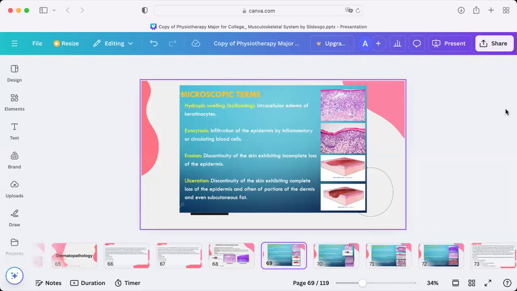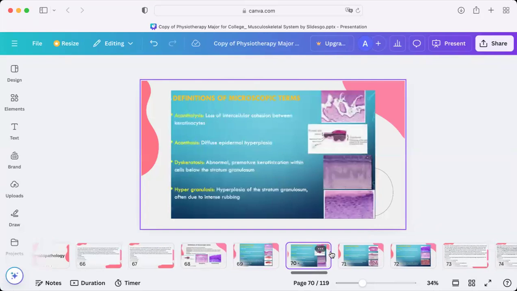So please, guys, please go through it, okay? To save some time, I'm going to skip over this, but if you guys want to come back to this, we can. Nasser, to answer your question, dyskeratosis is premature keratinization within the cells. So it has nothing to do with the nuclei itself, but to do with the keratinization.